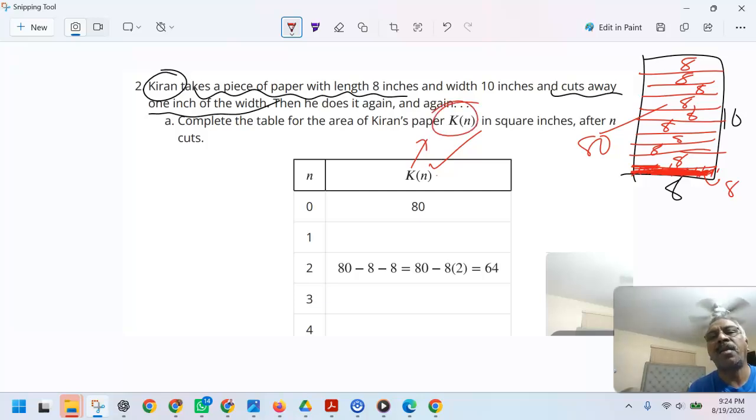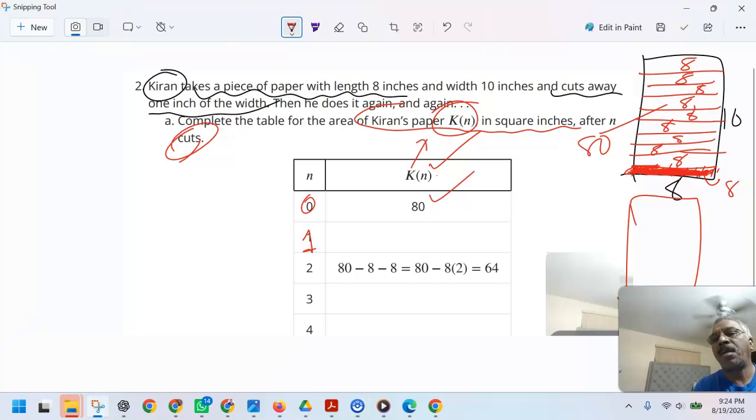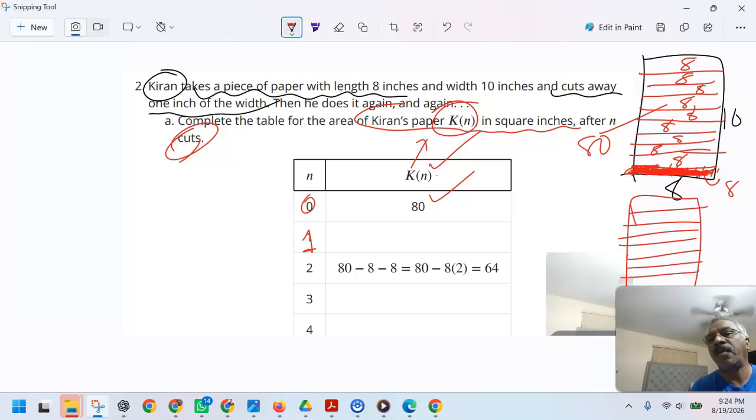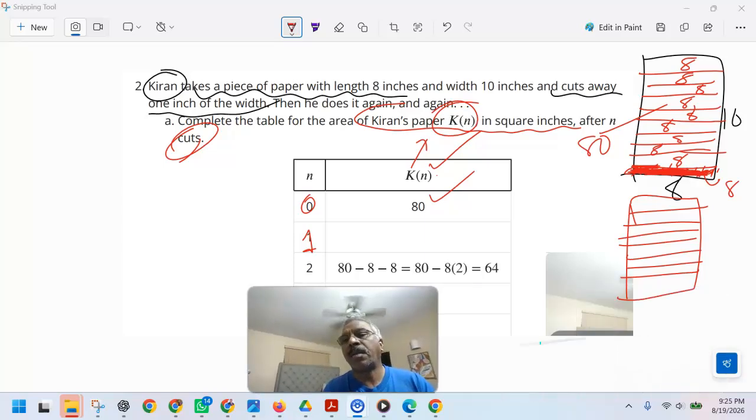So what K N actually is, is the area of Kiran's paper after N cuts. In the beginning there's no cut here. But if you make one cut, right here, at the bottom you'll have 9 pieces, all together.